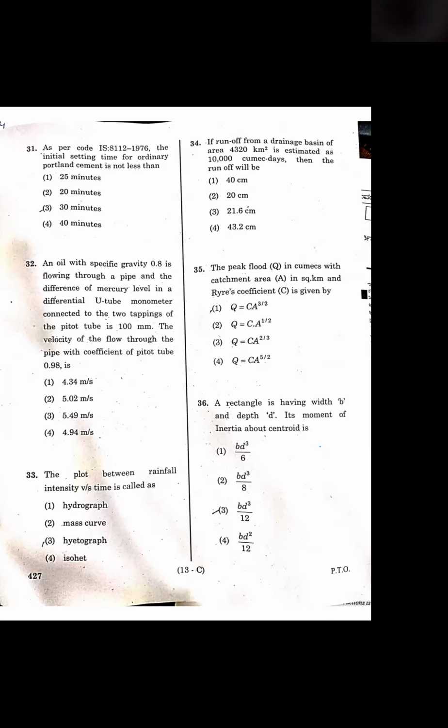Now, as per the code IS 4031 and 1976, the initial setting time is 30 minutes.